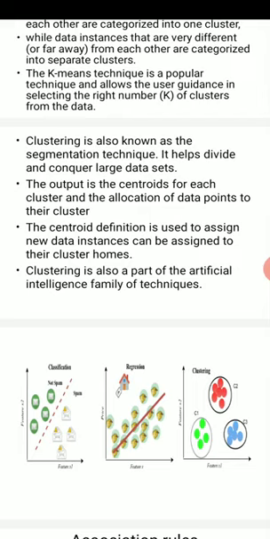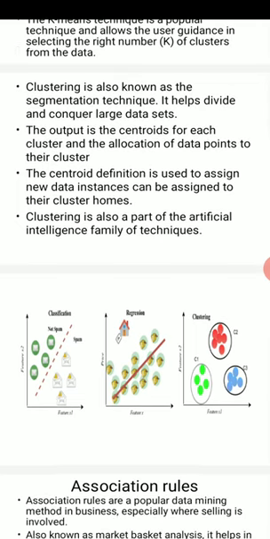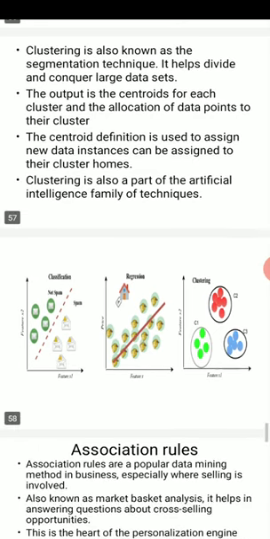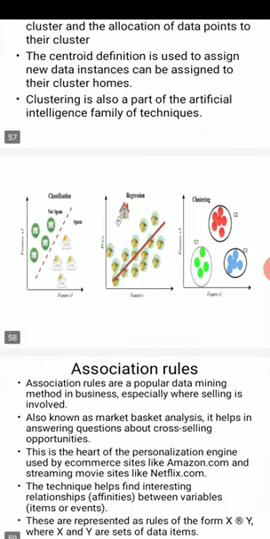It helps divide and conquer large data sets, and the output is the centroids for each cluster and allocation of data points to their cluster. The centroid definition is used so new data instances can be assigned to their cluster homes. So that is like in a cluster a single node can be made as a cluster head. Clustering is also a part of the artificial intelligence family of techniques.